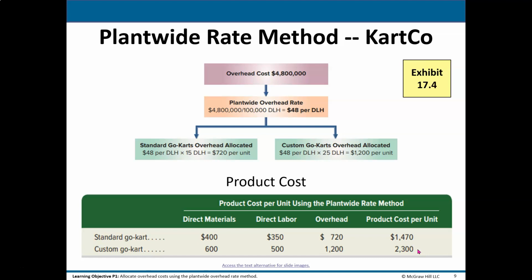Now that's more later on another chapter, but those are some pricing decisions we have to make.